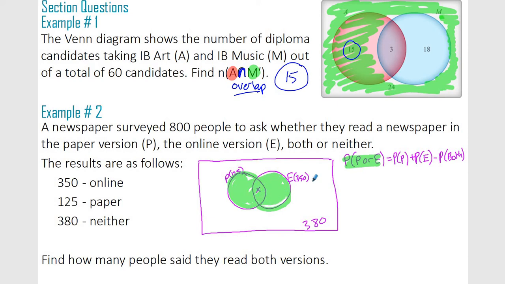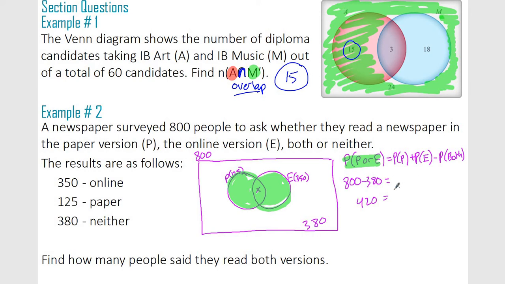So that has to be 420, because if 380 people are on the outside, this part has to be 420. Or I got it from doing 800 minus 380. 800 is everybody in this rectangle, and 380 is everybody outside. I hope I'm making sense.